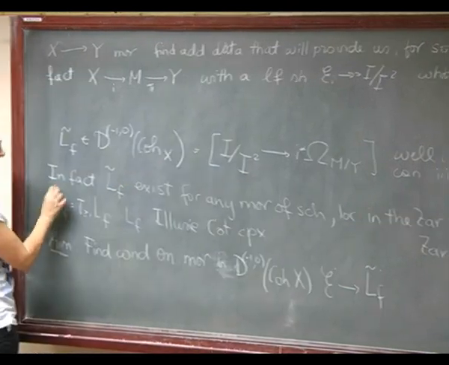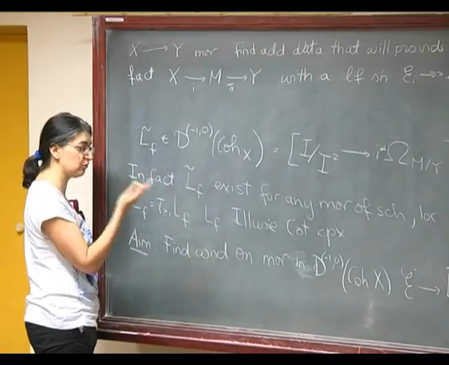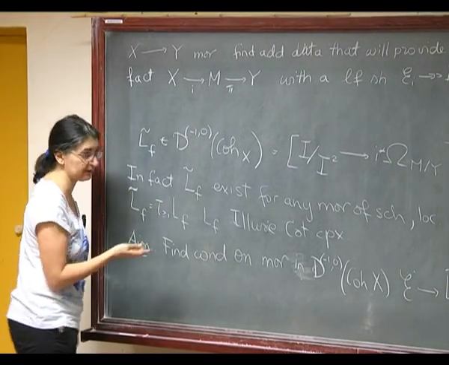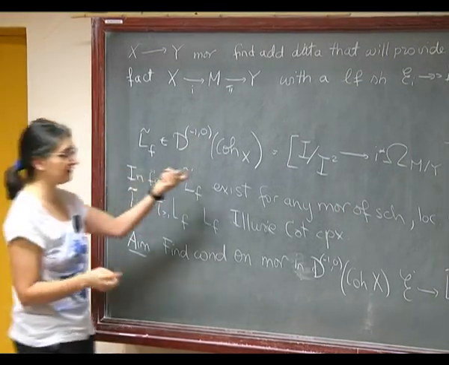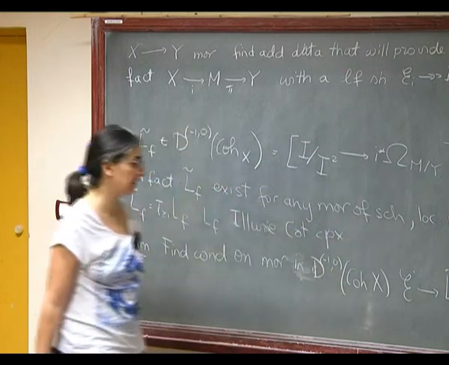What I mean is I put a dot when I want to insist that this is a complex. It's just a very short complex, but a complex nevertheless.